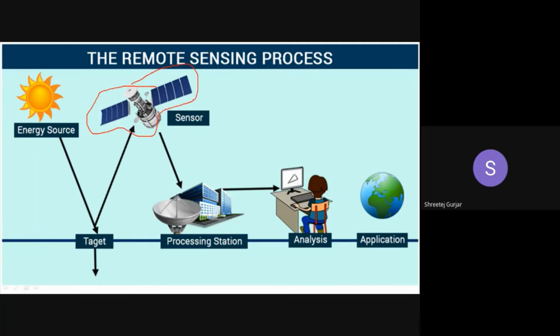Here we have used the example of a satellite. There might be an aircraft also, or any other airborne vehicle capturing the reflected energy. Here an example of a satellite is shown, wherein the reflected or emitted radiation is captured by the sensor placed on the satellite.